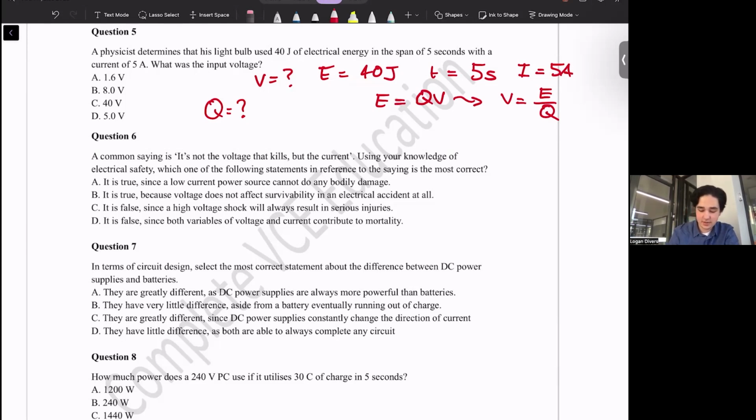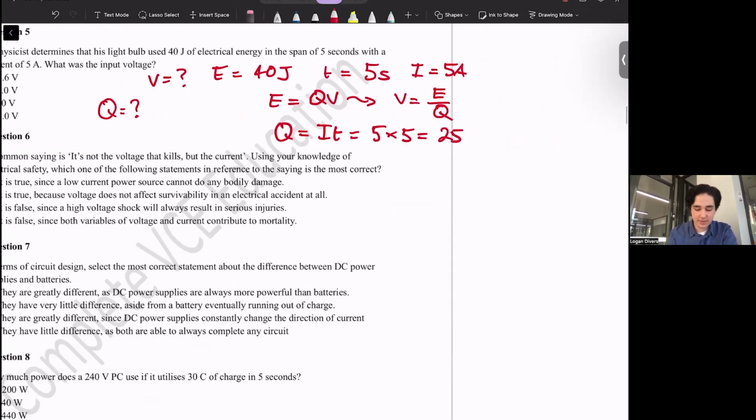But how can we find Q? Q equals IT. So charge is going to be equal to current multiplied by time. We do know current multiplied by time. That is going to be 5 multiplied by 5, 25. So now we know that we have a charge of 25 coulombs that has passed through.